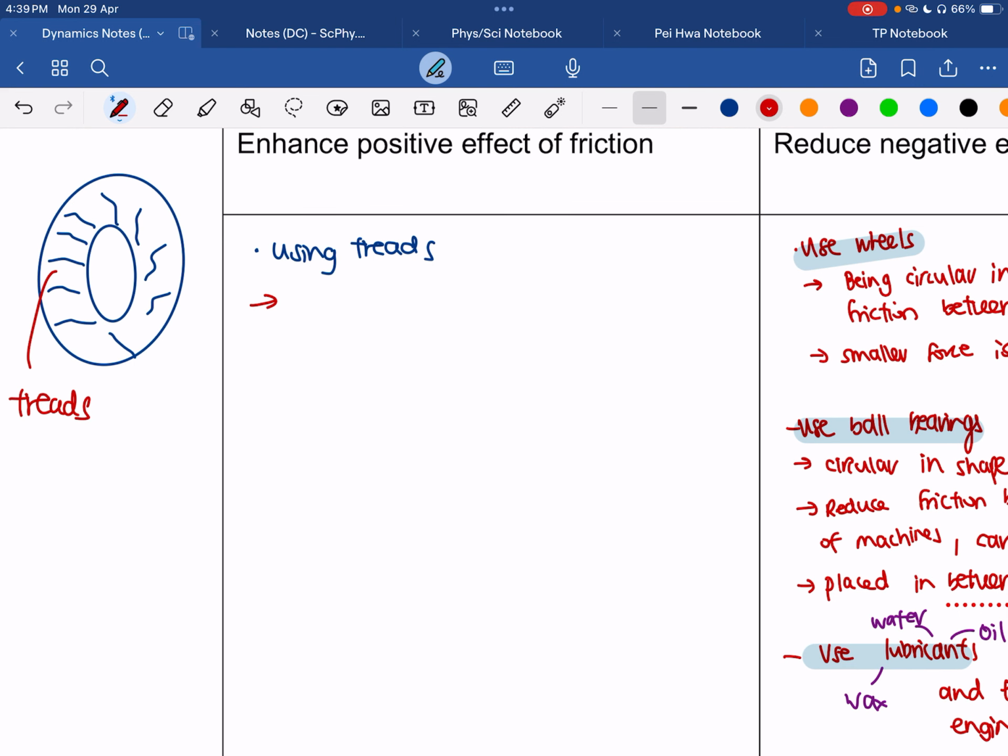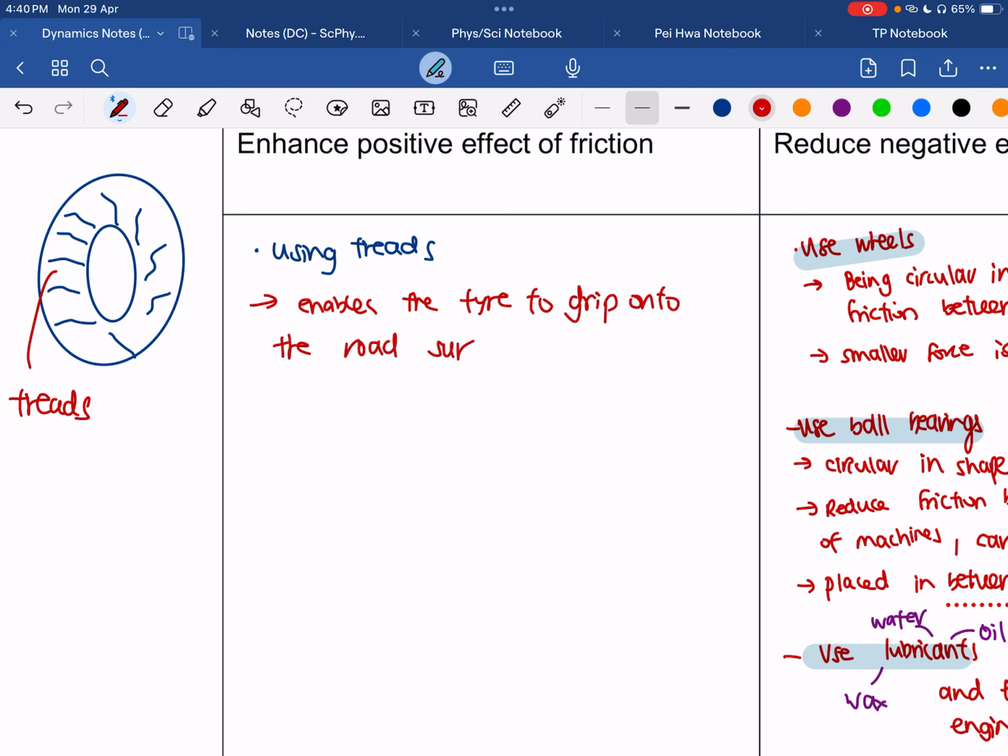So using treads enables the tire to grip onto the road surface without slipping. And that's how a car first is able to move, second is able to grip onto the road for control when it's trying to slow down.